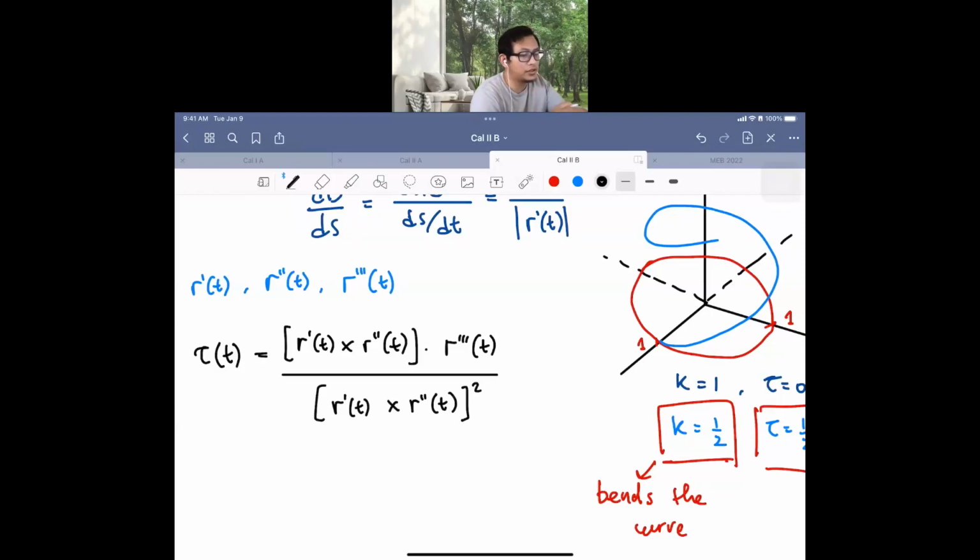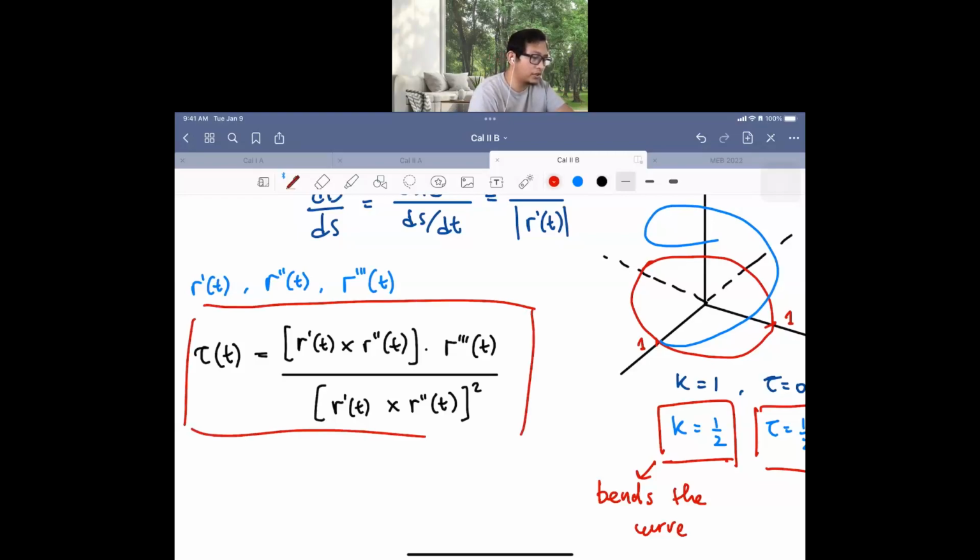Okay. There are several ways to prove this, but I think I will not have much time to explain. But this form is not really that particularly used.